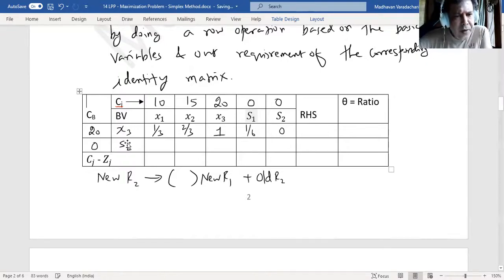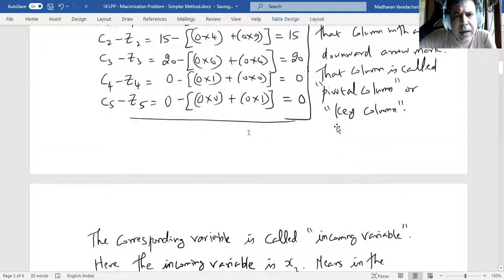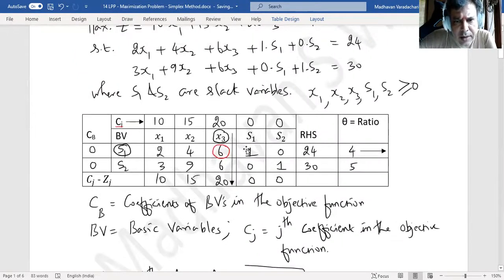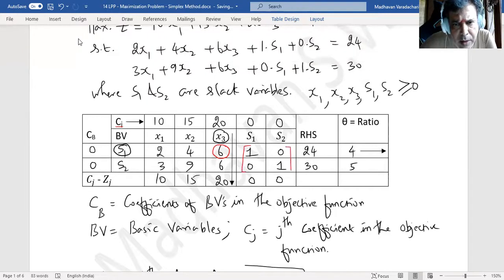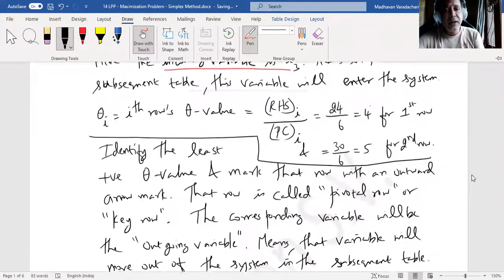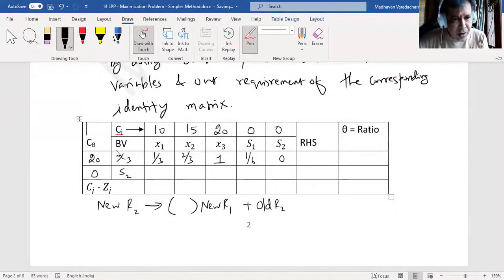Remember, in the first table, based on where the identity matrix appears, 1, 0, 0, 1, we identified the basic variables s1 and s2. Now basic variables are already identified as x3 and s2. We need to form the identity matrix accordingly. So that particular column should form an identity matrix.